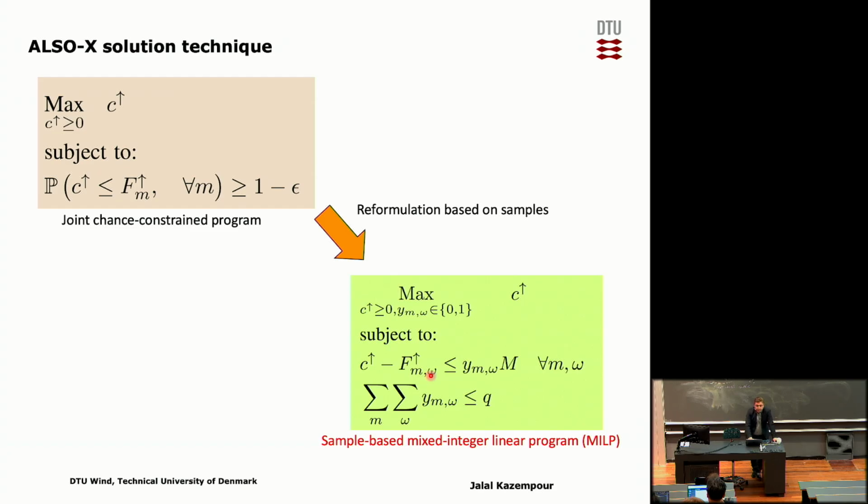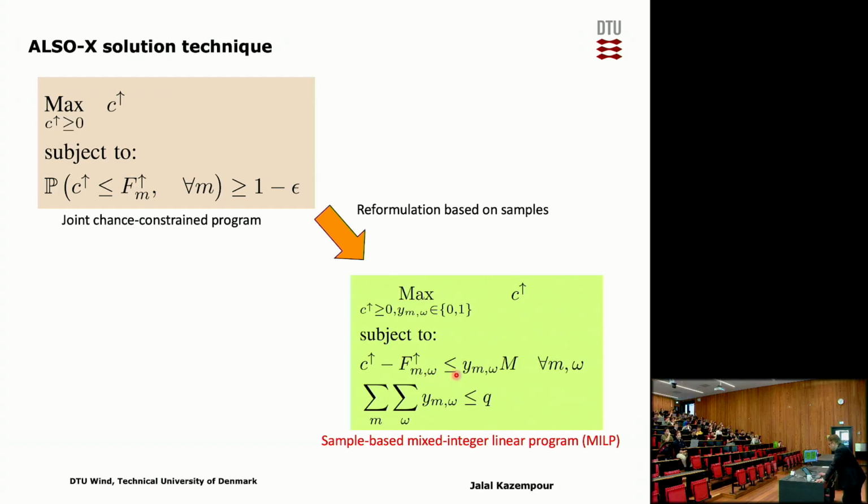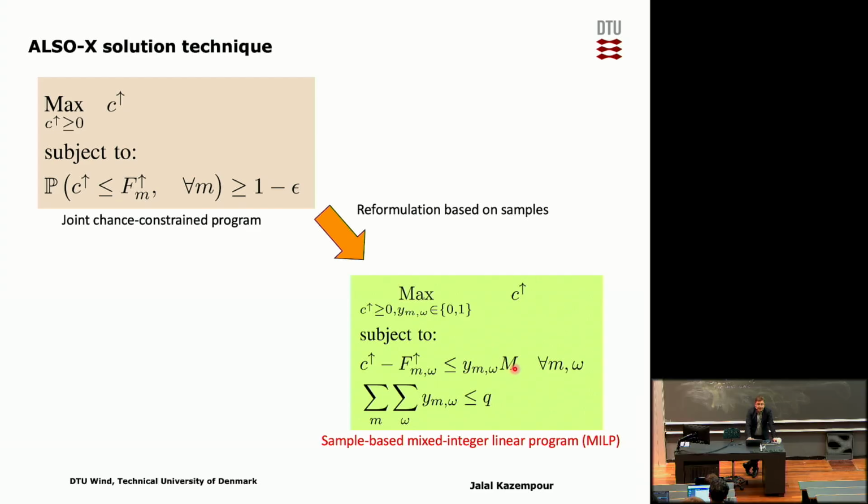But if y is 1, then the big M is activated and then we violate the constraint. If y takes value of 1, then the upper bound becomes big M, like 10,000. Then C up minus F is less than 10,000, right? It means that we are violating the constraint.